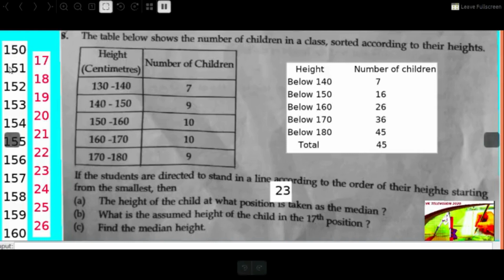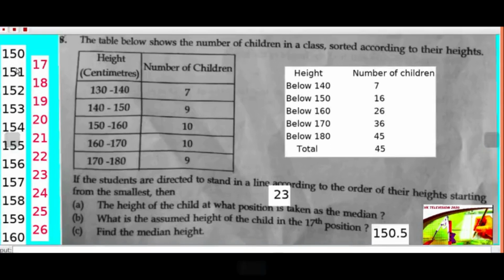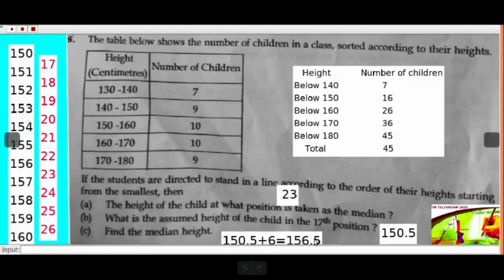We take the height of the 17th child between 150 and 151. That is 150.5. Find the median height: that is between 156 and 157. The median height lies between 156 and 157. That is equal to 156.5.